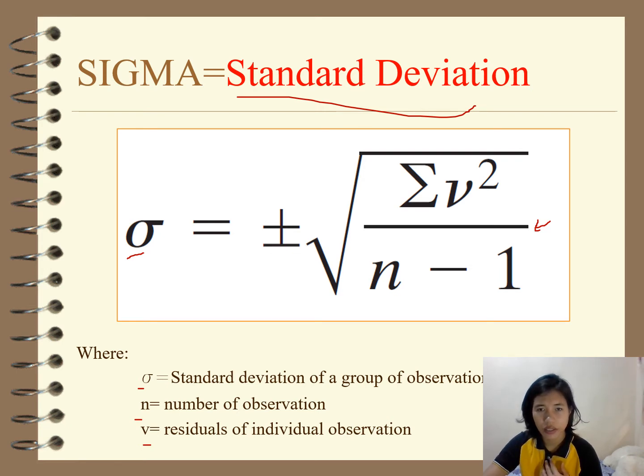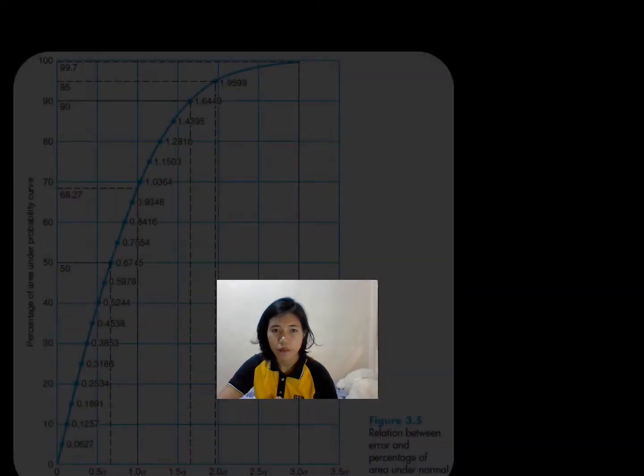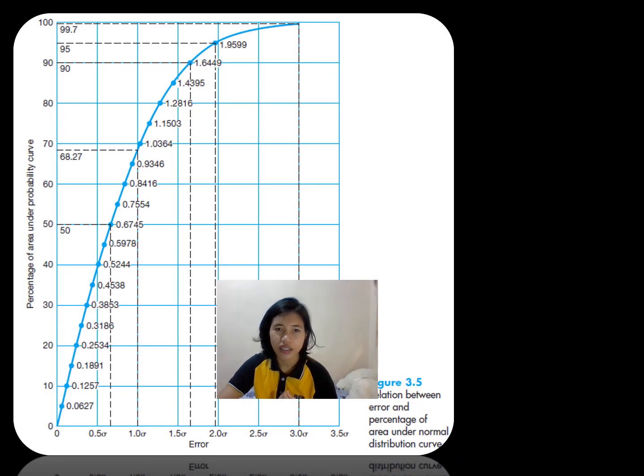So, you encounter this one in your GE 113 elementary, the theory of errors. So, let's go with the variance. So, si variance naman is just the square of the standard deviation. Okay? So, this is a part of the normal distribution. For example, yung normal distribution natin, slice natin siya at this point here.